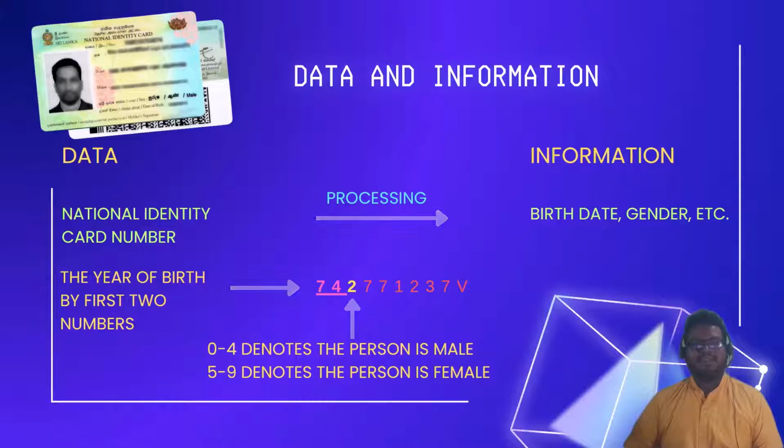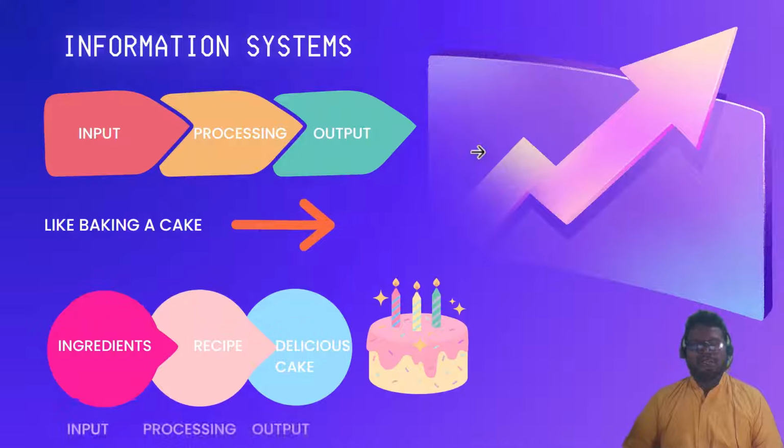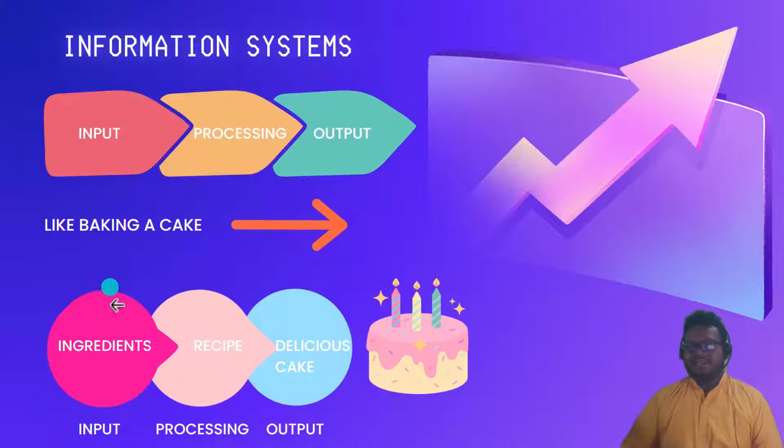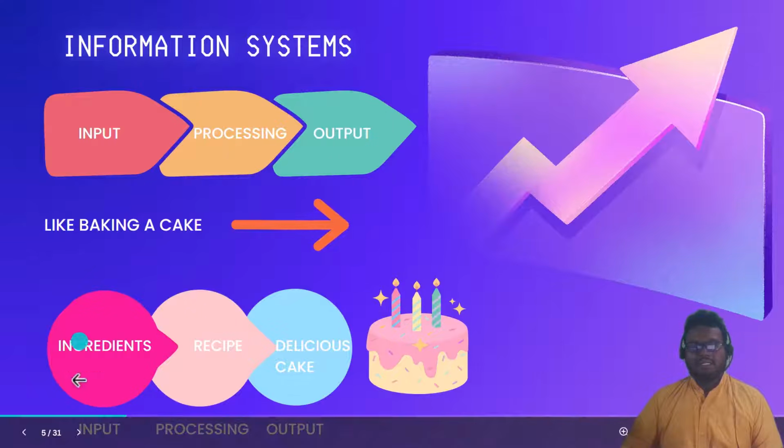Okay, children, let's talk about how computers help us work with information. It is actually pretty straightforward, like following a simple cake baking recipe. We start with input, the ingredients for a cake. Then we do the processing part, that is the cake baking recipe.